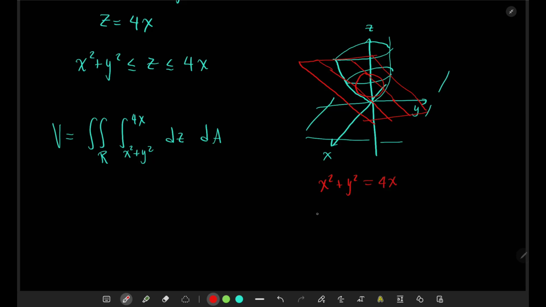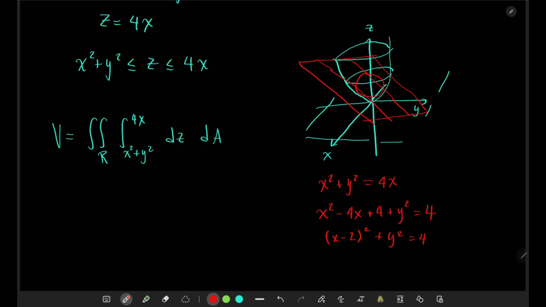You will notice that if you subtract 4x on both sides and add a certain number on both sides, what do you get? If you add a half of this and then you square it, you know what I'm doing. I'm completing the square. You write this equation as x minus 2 squared plus y squared equals 4.